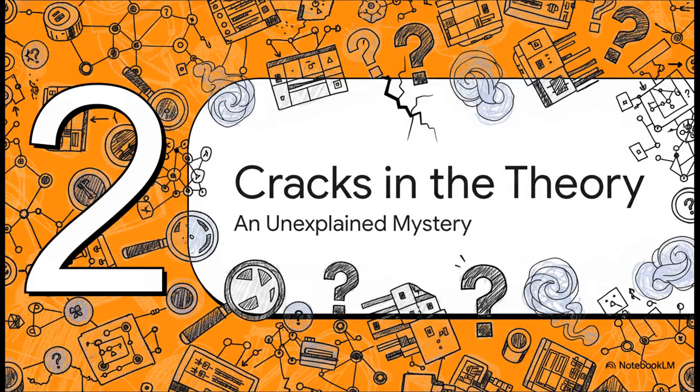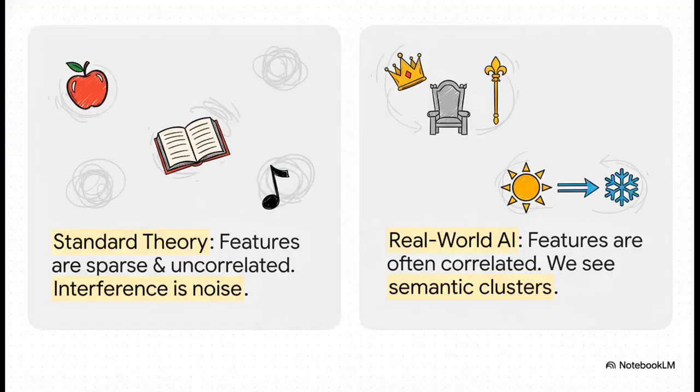But here's where things get interesting. When we started to actually peek inside our modern powerful AI models, what we were seeing, well, it just didn't add up. This theory of random, messy noise just didn't fit. There was a real mystery brewing. On the one hand, you have the standard theory, which pretty much assumes that features are all separate and unrelated.